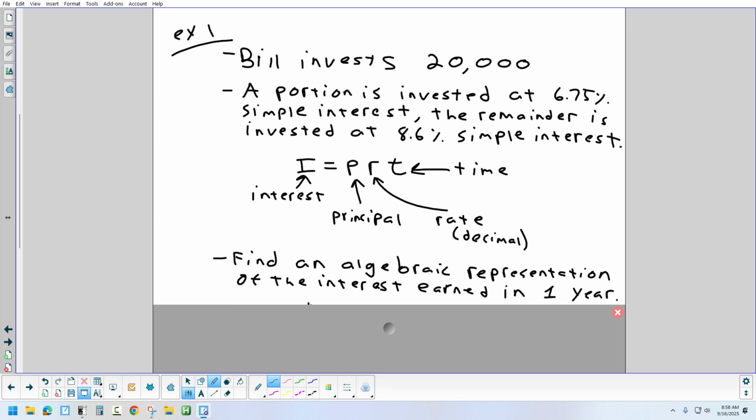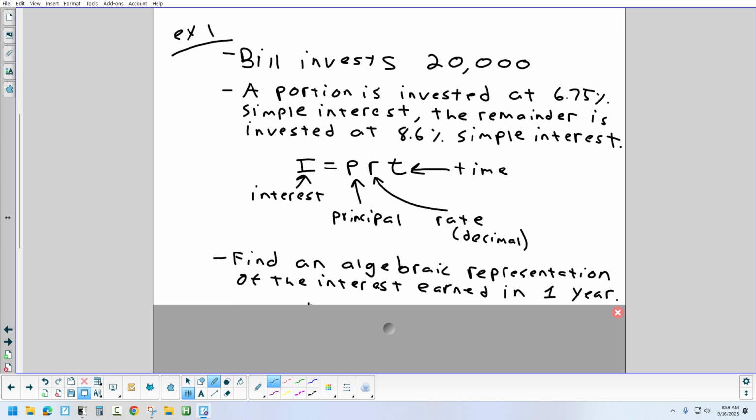Now, the first thing we have to do is identify what the variable is going to represent in this problem. So, how many different investments is Bill using in this problem? Two. He's using two. So we have to let the variable be how much money he's investing in one of them.